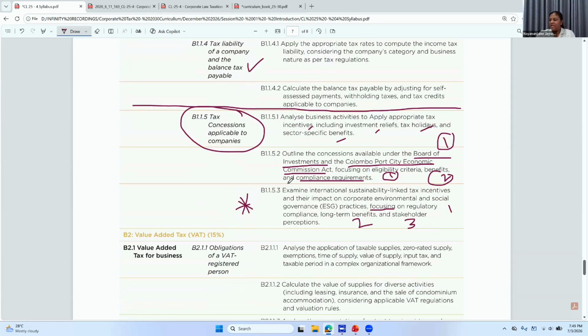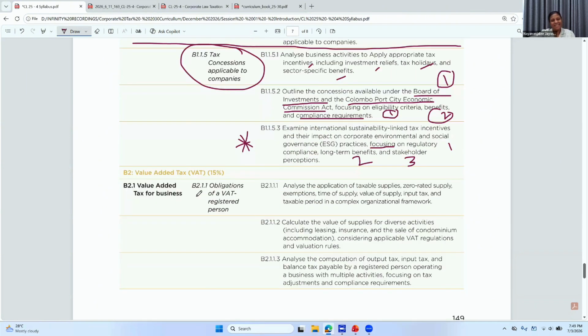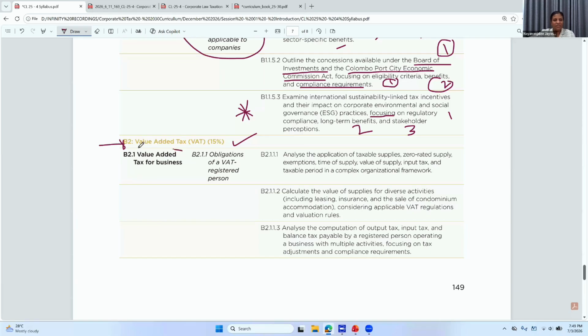And then I need to come to the next one, the value added tax, the main indirect tax in Sri Lanka. The VAT is 15%, and for your paper, 10% of the questions are there. Here, value added tax for business is highly applicable for practical thinking, calculations and answer writing.